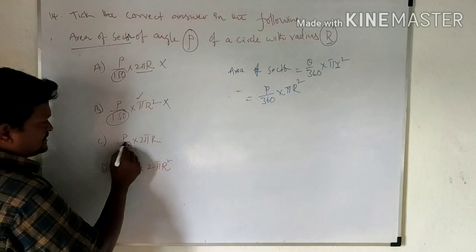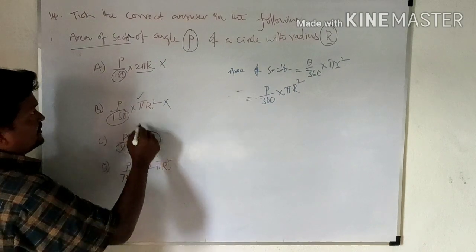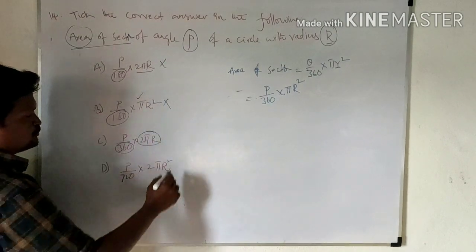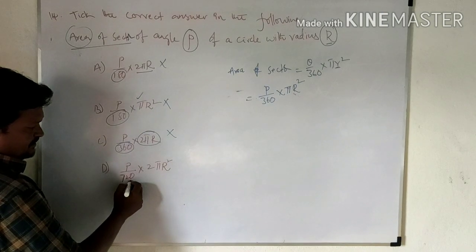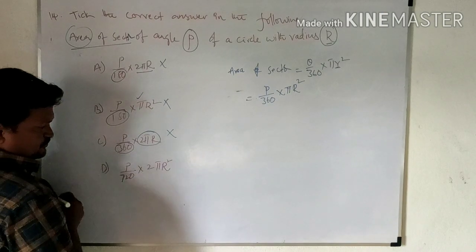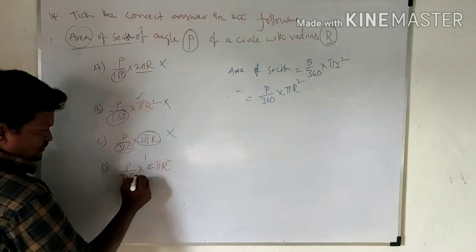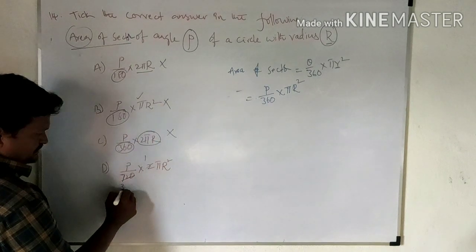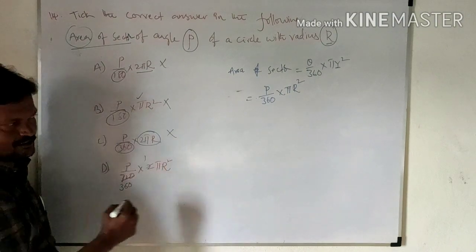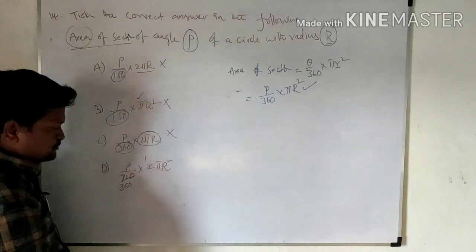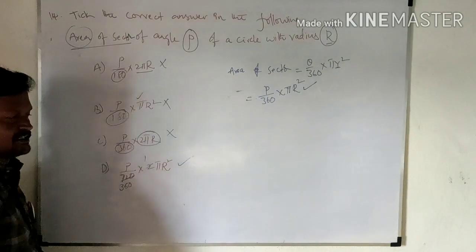This one has 360, but it is 2 pi r, which is not area, so this is also wrong. But this one is P by 720 with 2 pi r square. After cancellation, 2 1s are 2, 2 3s are 6, 2 6s are 12, it will be P by 360 into pi r square. We got our formula. So option D is the correct answer.